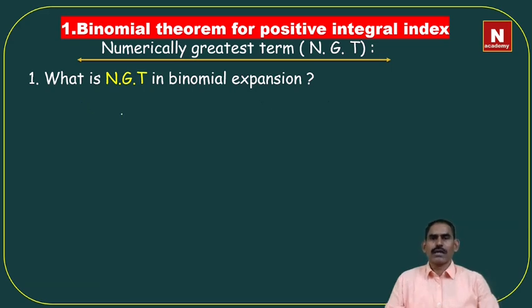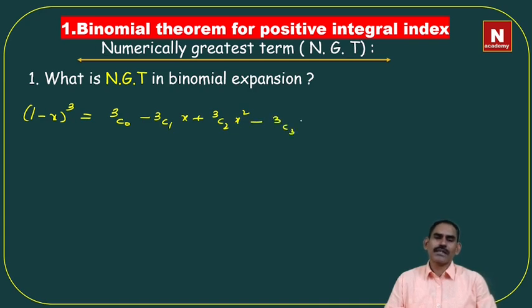Now I will take another example for numerically greatest term: (1 - x)^3 expansion, 3c0 - 3c1 x + 3c2 x square - 3c3 x cube. The binomial coefficients: 3c0 is 1, 3c1 is 3x, 3c2 is 3x square, minus 3c3 is 1x cube.